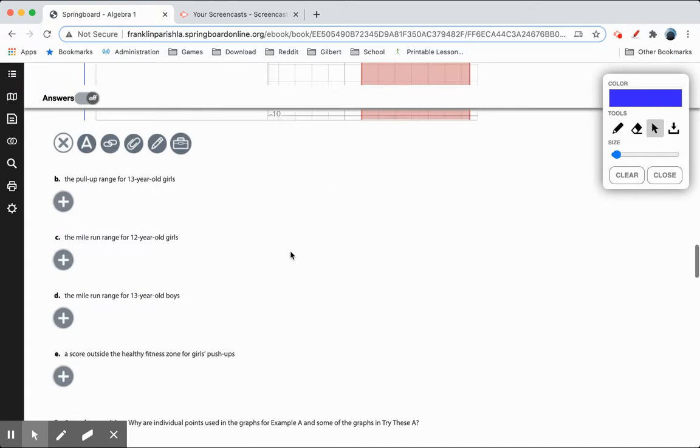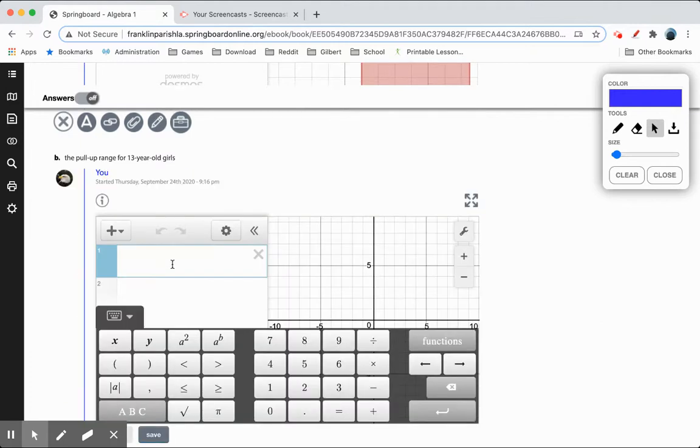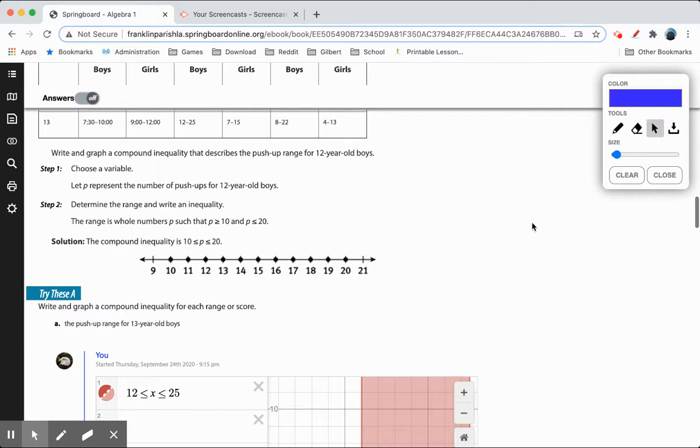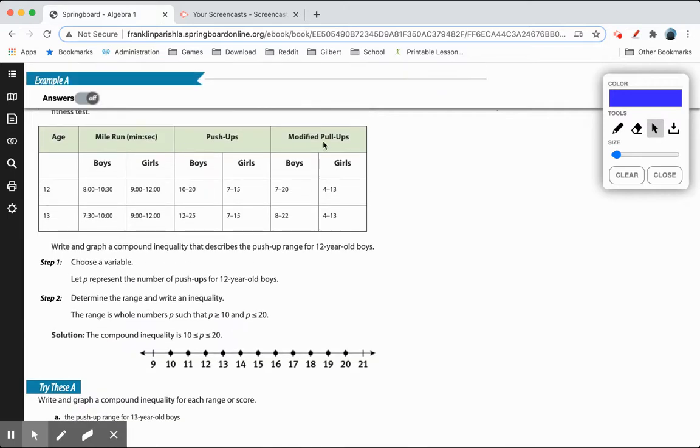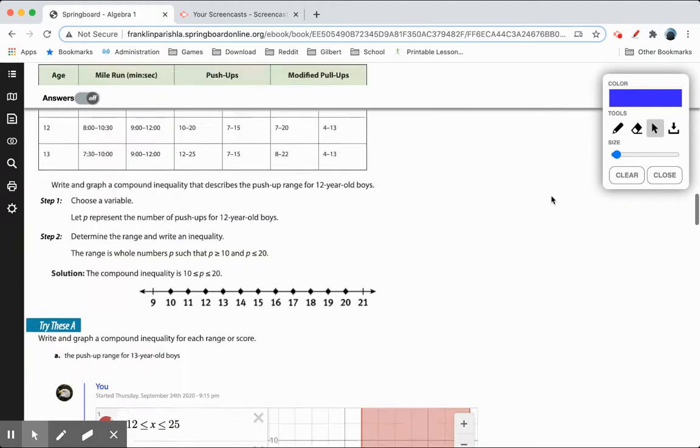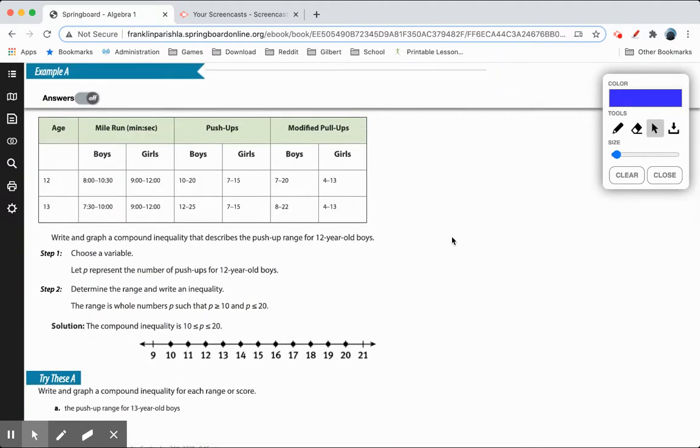All right. The pull-up range for 13-year-old girls. Desmos calculator. We'll just do it this way. Pull-up range. Okay, let's go up here. Pull-ups. Girls. What age did they say? I'm very forgetful. 13. 4 to 13. Okay.